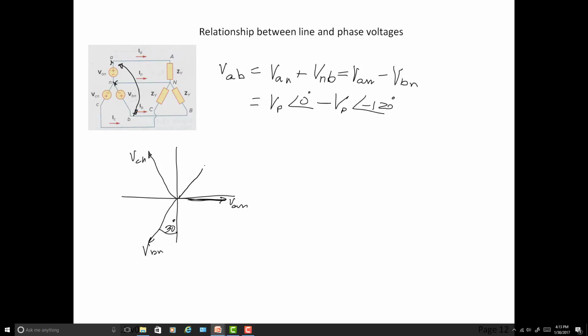It's actually the vector run up here. This is VNB, right? And if that was 30 degrees, this is 90, this is what, 60? Do I have that right?